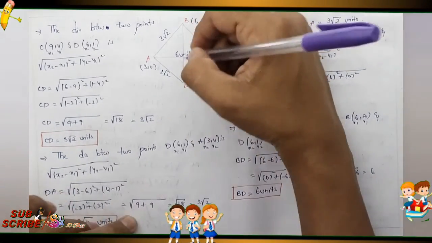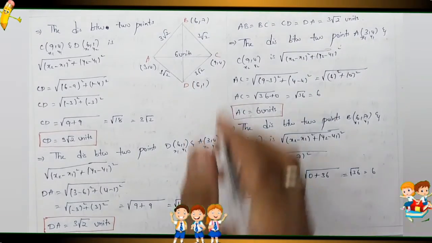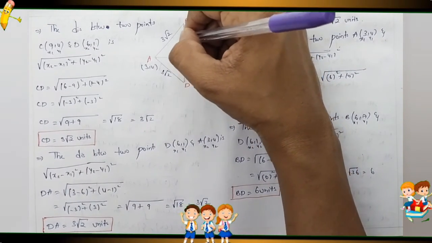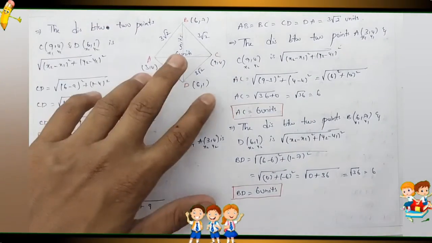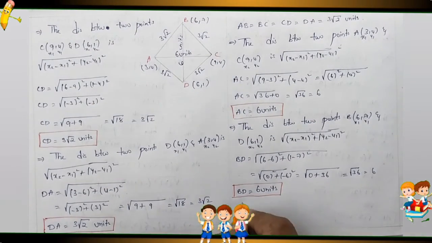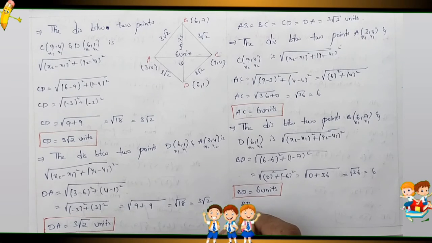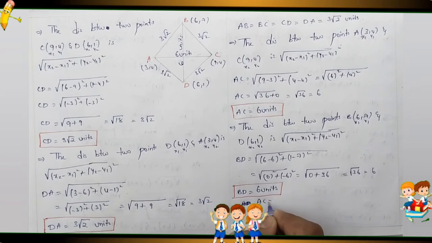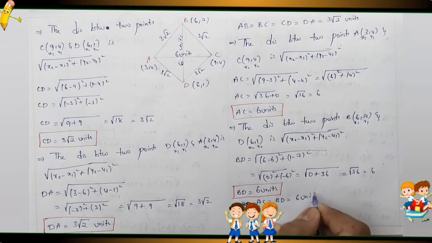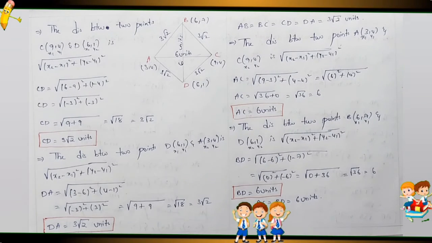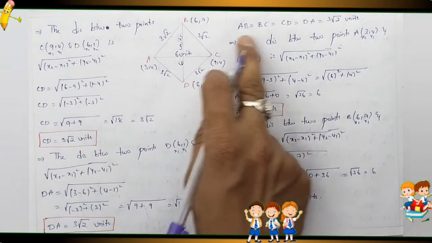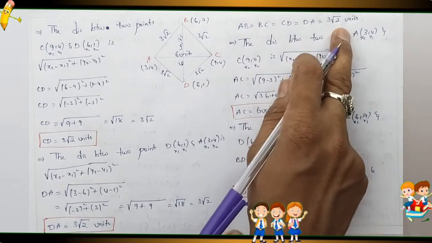So BD also we got 6 units. AC is 6 units, BD also 6 units. So therefore you can say that AC is equal to BD, we got the same answer, 6 units. Okay. Now we got AB, BC, CD equal to 3 root 2.